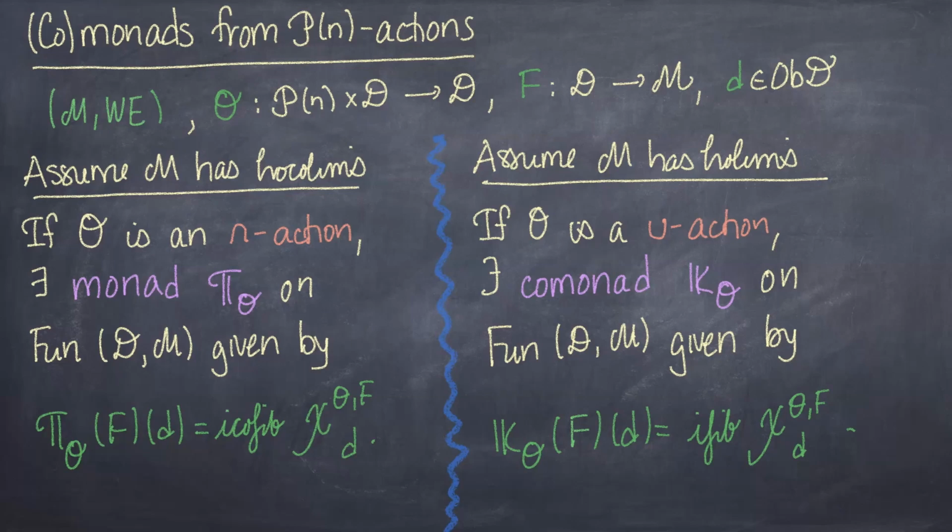And so I have to say, what do I get when I evaluate this functor on d? Well, it's going to be exactly the iterated cofiber of this diagram, X theta F d, that we defined on the previous page.